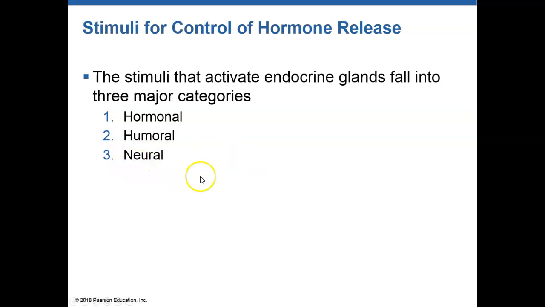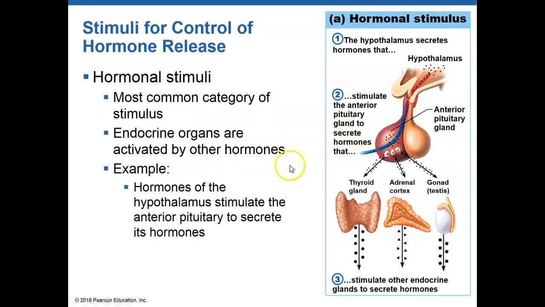And then we have neural control. When we have low levels of certain hormones in our system, the most common way that we bring our hormone levels back up is through hormonal control or hormonal stimuli.